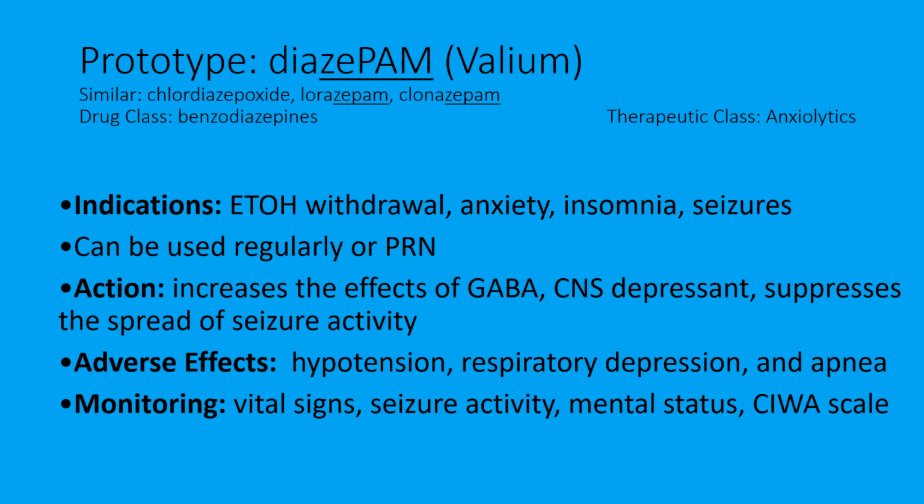And by doing that, in high doses, it can lead to respiratory depression, apnea, which is lack of breathing. And in high doses, such as an overdose, it will lead to hypotension. And so if someone overdoses on a benzodiazepine, these adverse effects can occur.